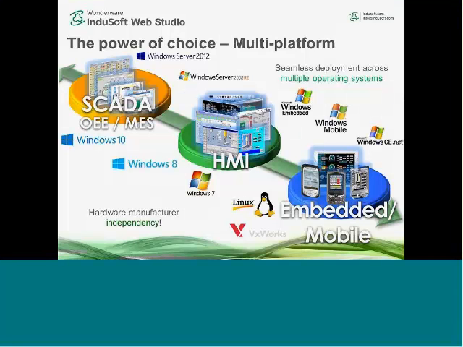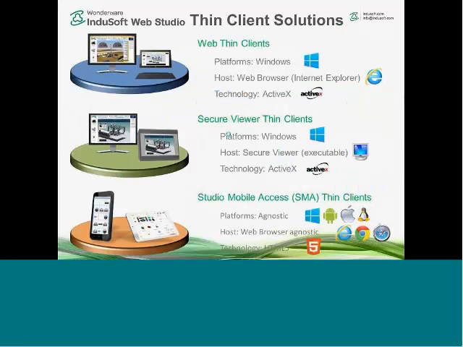Moving on to the next slide here. A concept to talk about is thin clients. Now this can help packaging machine manufacturers be much more efficient, and a few different concepts here. For example, this web thin client, this uses Internet Explorer, and real common, going to be on desktops and laptops.